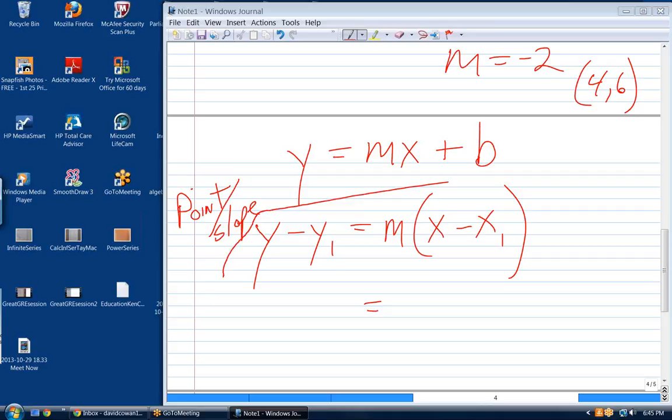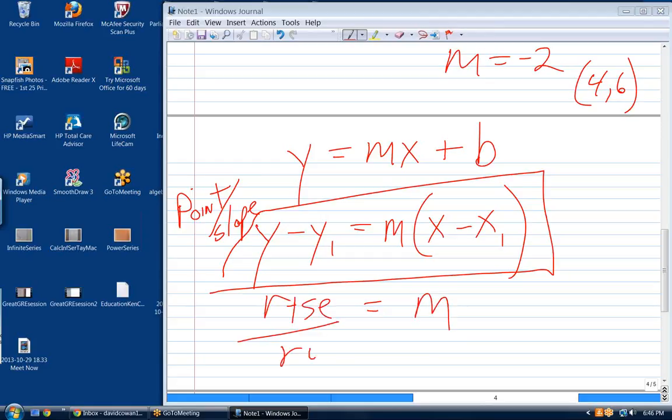But let me give you a hint for memorizing this. What is slope equal to? Rise over run. Well, what's the rise? y minus y sub 1. What's the run? x minus x sub 1.